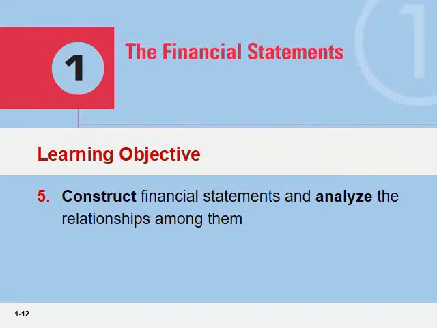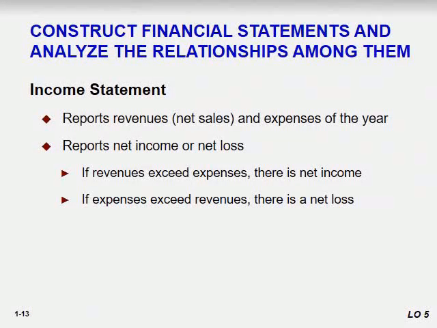Okay, our fifth learning objective is to construct financial statements and analyze the relationship among them. Let's talk about that here. So we already know what an income statement is, and now we have to derive the relationship between the statements. Number one, the income statement reports revenues and expenses of the year.